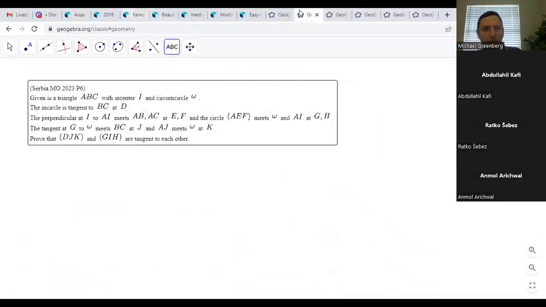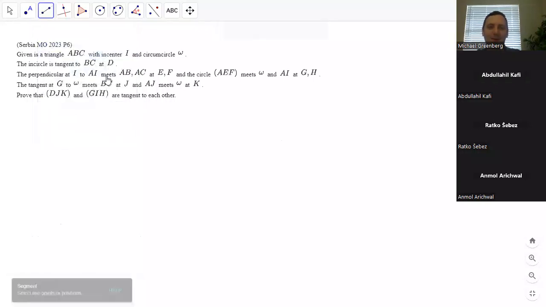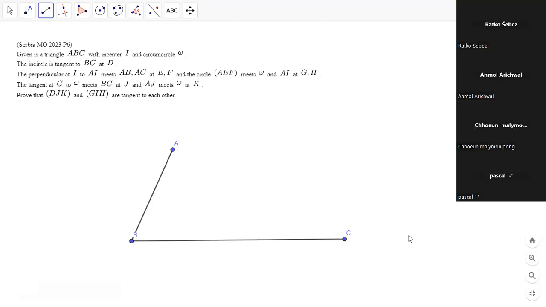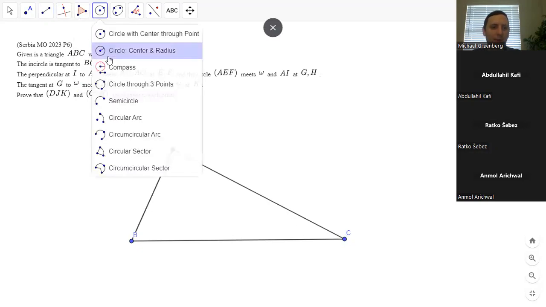Let's see. So this problem Stefan showed me. So he solved this one on the exam. So now we'll see if we can solve it. Let me see who's still on. Oh, looks like Serdar hopped off. Okay, so we have a triangle ABC.